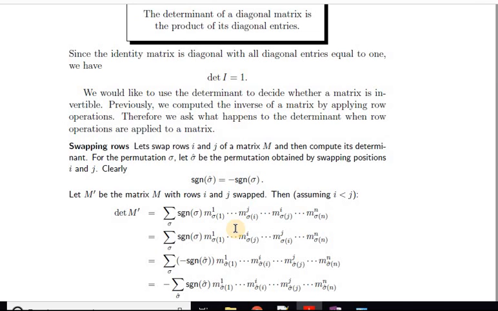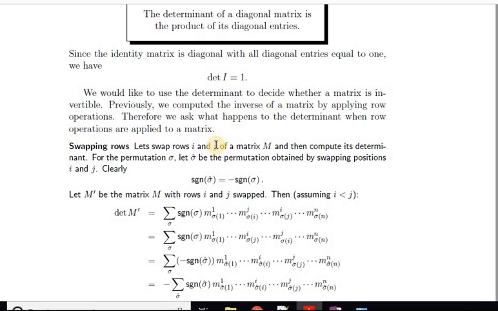Well, first of all, suppose you swap rows i and j. Okay? So what you're actually doing here is you're making a swap. Now we already saw that a swap corresponds to a sign change in the permutation.